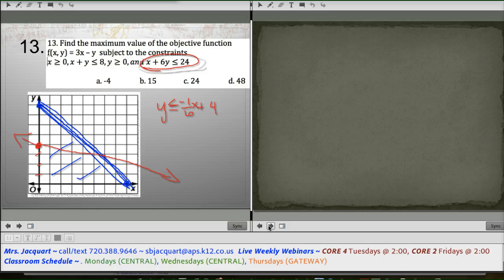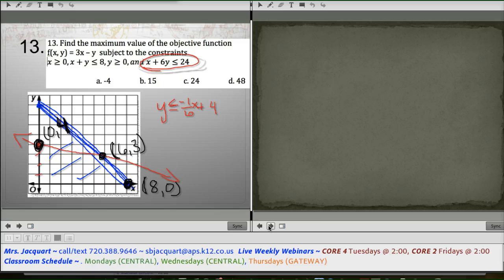So my critical points now become this one, and this one, which is 0, 4, and this one is 6, 3, and then this one is 8, 0.